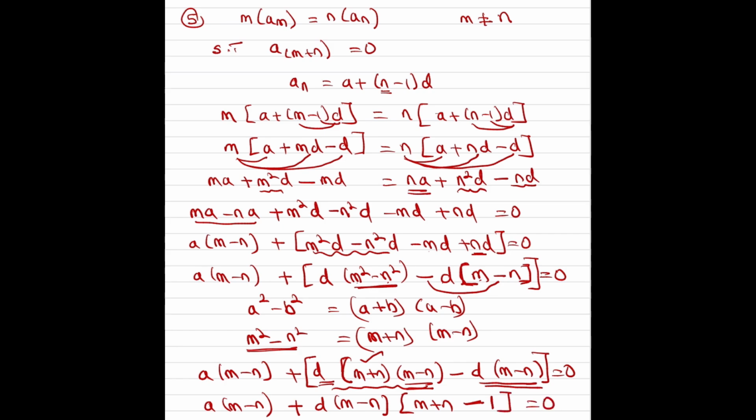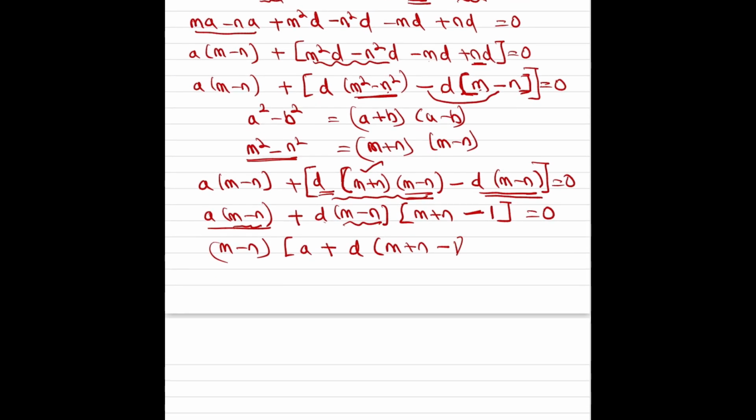equal to 0. Now we are going to take (m minus n) as common in both parts. What is left over here? a is left, plus here d(m plus n minus 1), equal to 0.